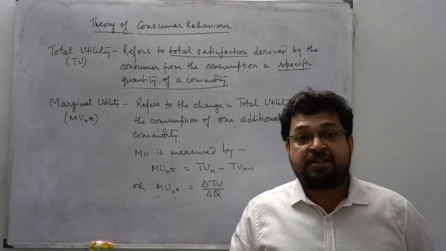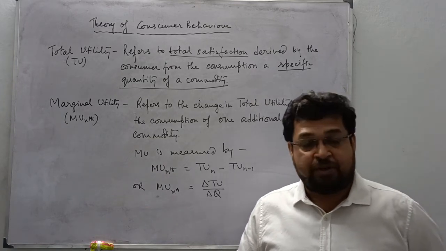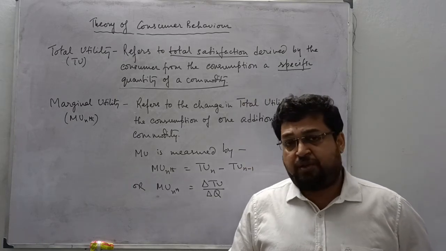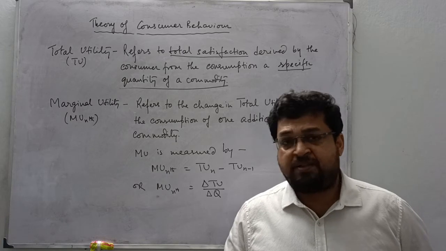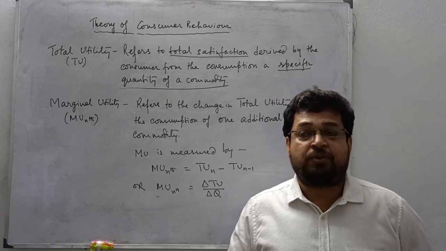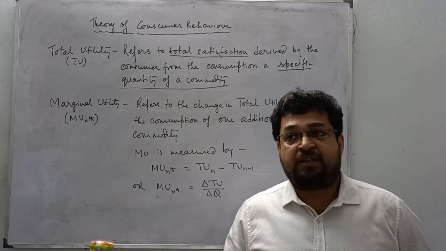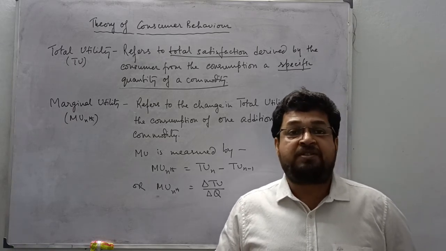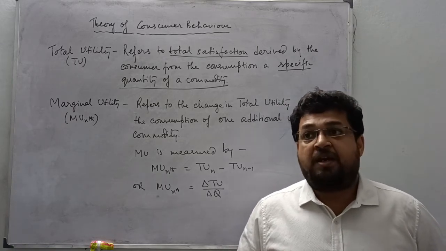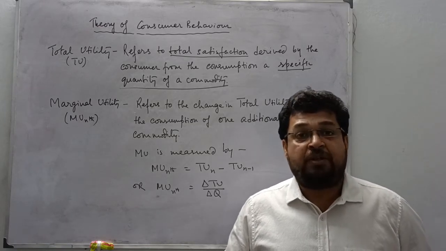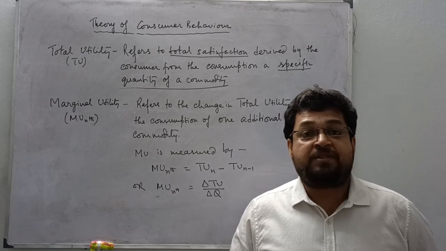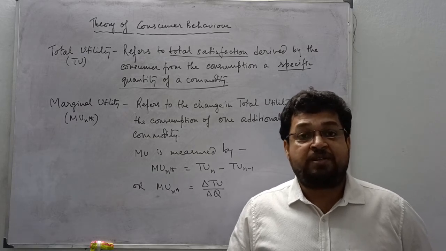Though we have studied earlier that utility cannot be measured by cardinal numbers, still for the sake of establishing different theories, we have assumed that utility can be measured in terms of cardinal numbers, and the unit is utils.